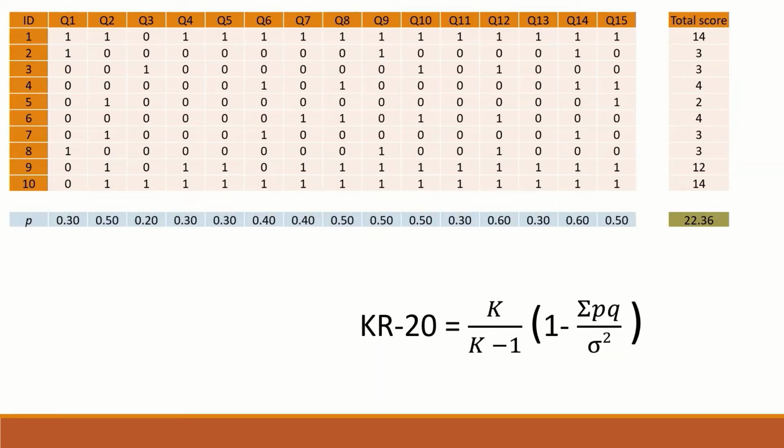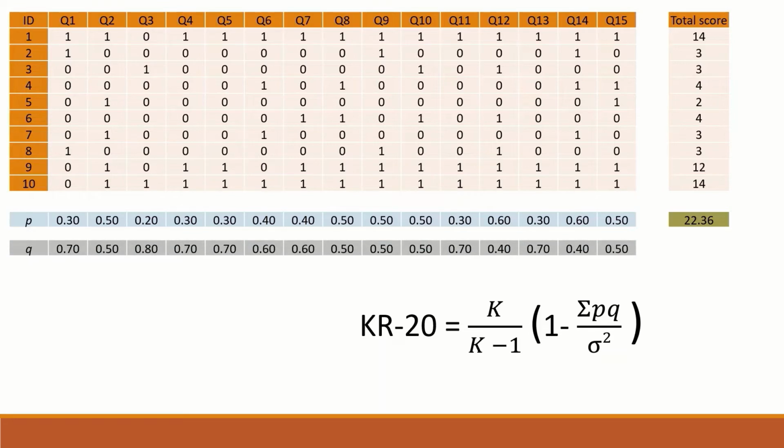To calculate the upper part, first calculate the p-value, i.e. the proportion of students who answered the question or item correctly. For question number 1, 3 students answered correctly, so the proportion is 0.3. For question number 15, 5 students answered the item correctly, so the proportion is 0.5.